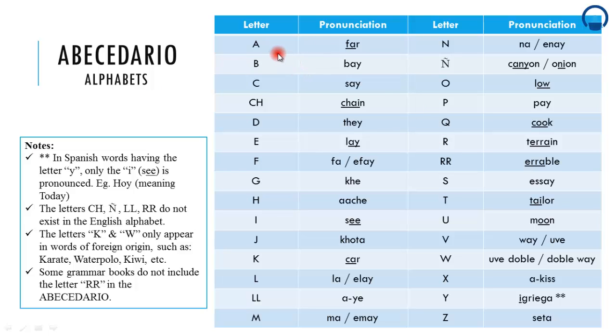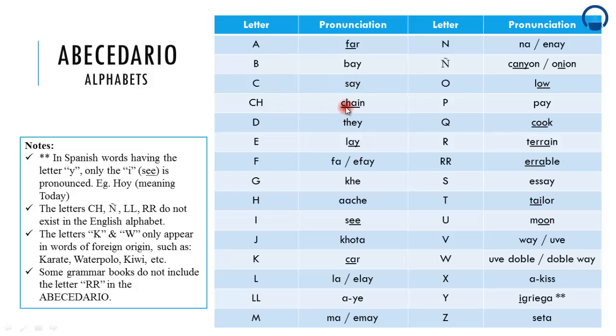A is pronounced as A, and the underline shows how it is pronounced in this English word, far. In this we get the pronunciation of A. That's why we pronounce the letter A in Spanish as A. B is Bay. C is Say.